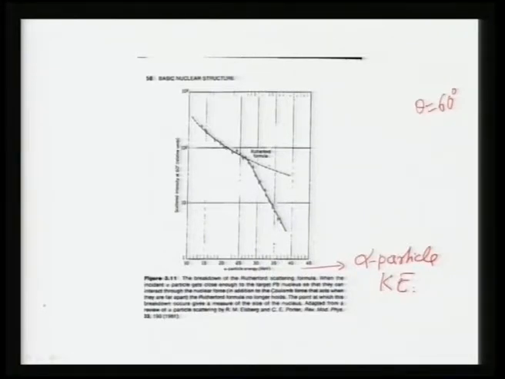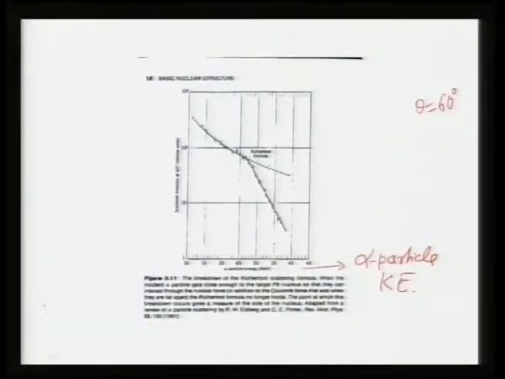Each data point on this graph corresponds to one full experiment. For example, this point here is 15 MeV, 15 mega electron volts kinetic energy.